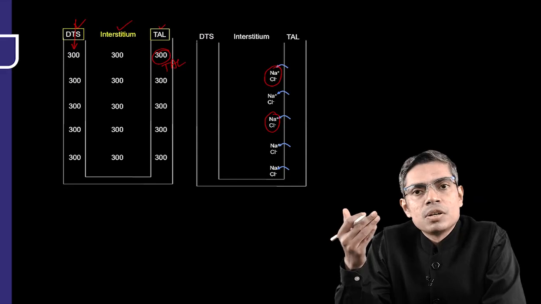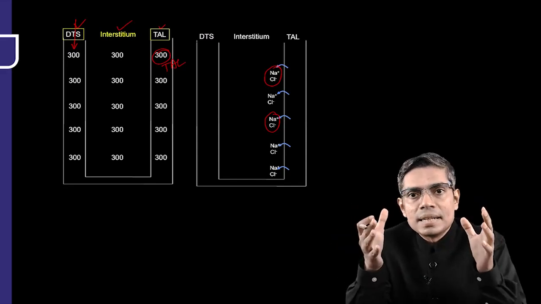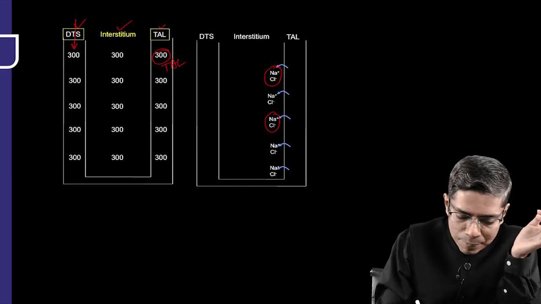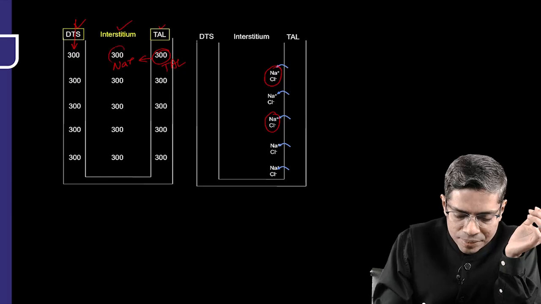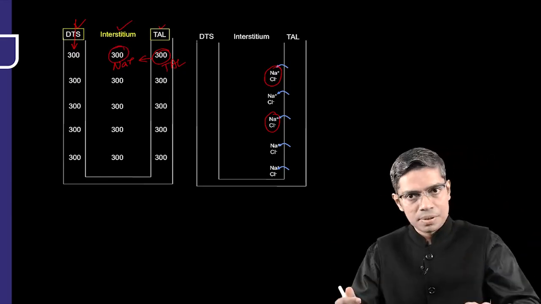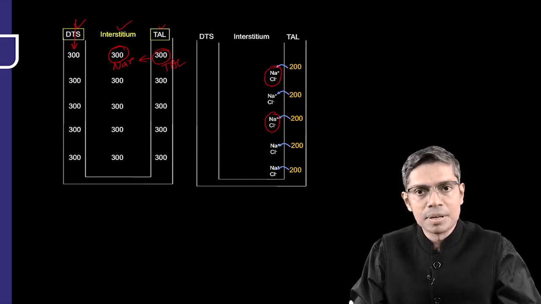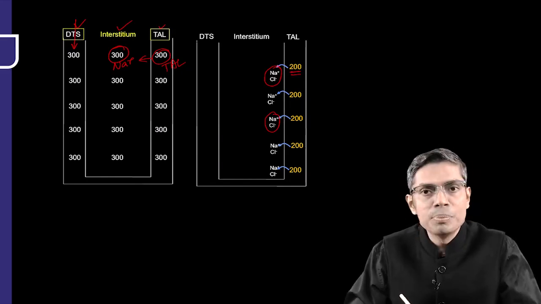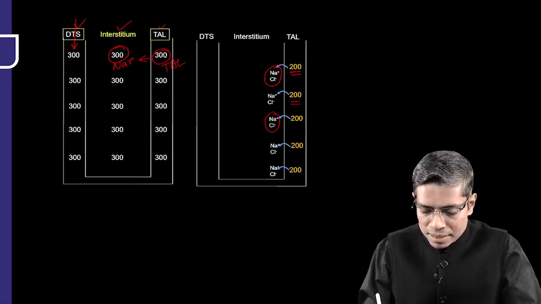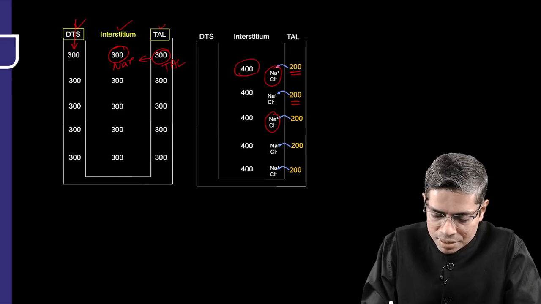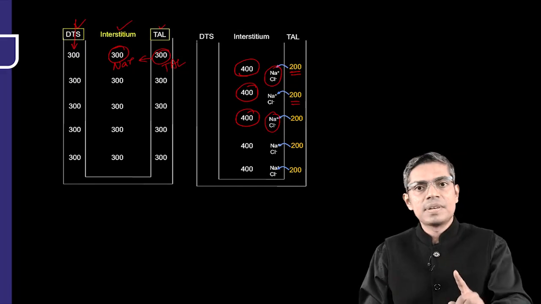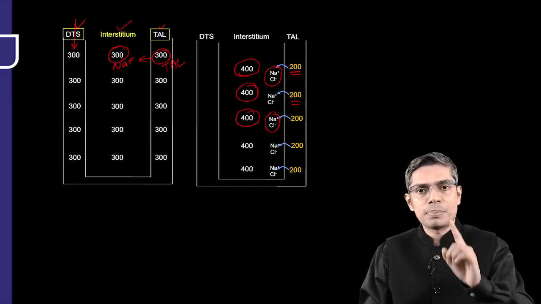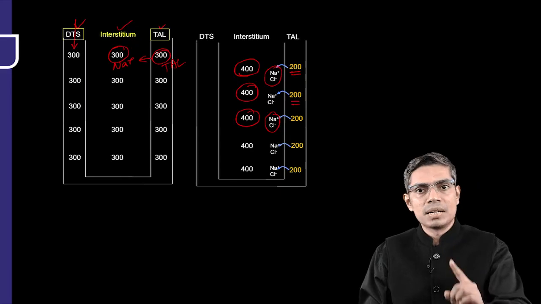So what will happen to the tonicity of the luminal content? It will decrease. And what will happen whenever you are adding sodium and chloride in this medullary interstitium? It will rise from 300 to more. The tonicity in the lumen is decreasing because you are absorbing sodium and chloride, and the tonicity at the medullary interstitium is rising from 300 to 400. That is the first step, and that is the most important step. That is the primary step of countercurrent multiplier.